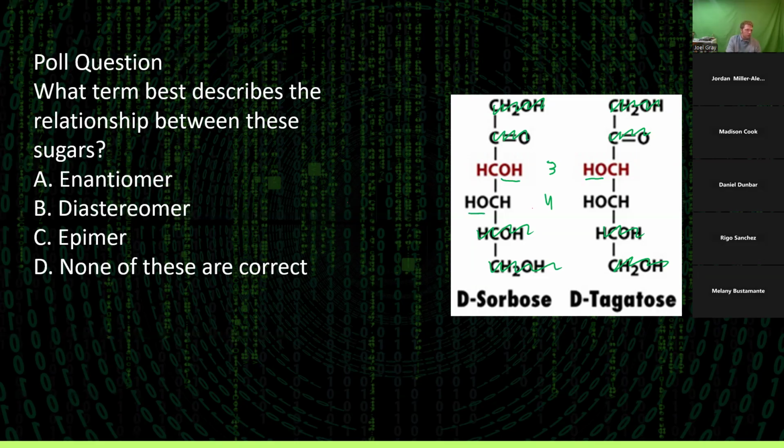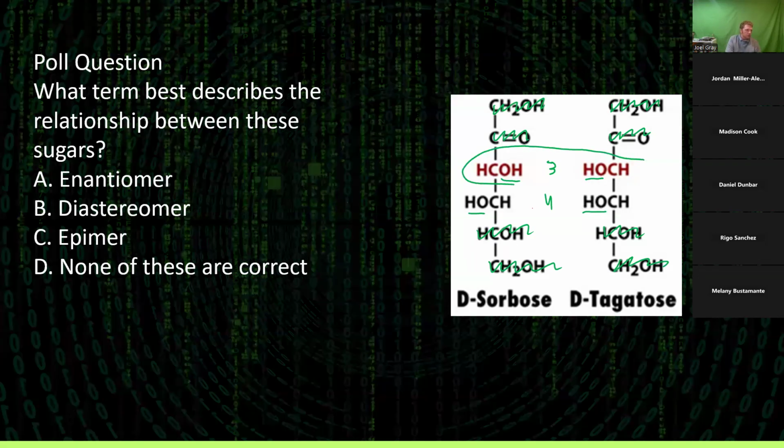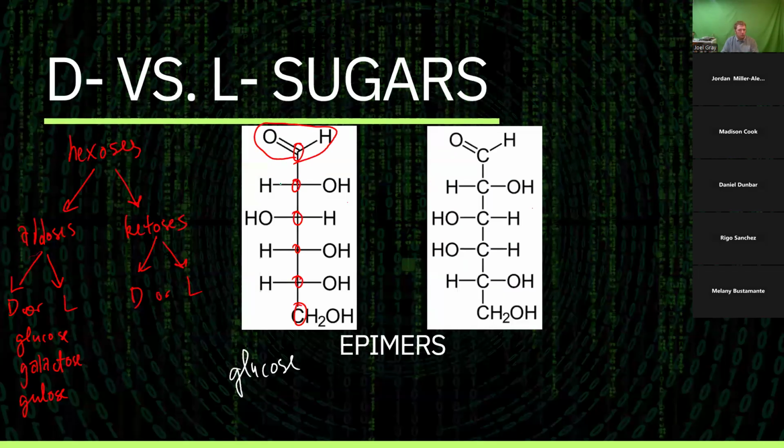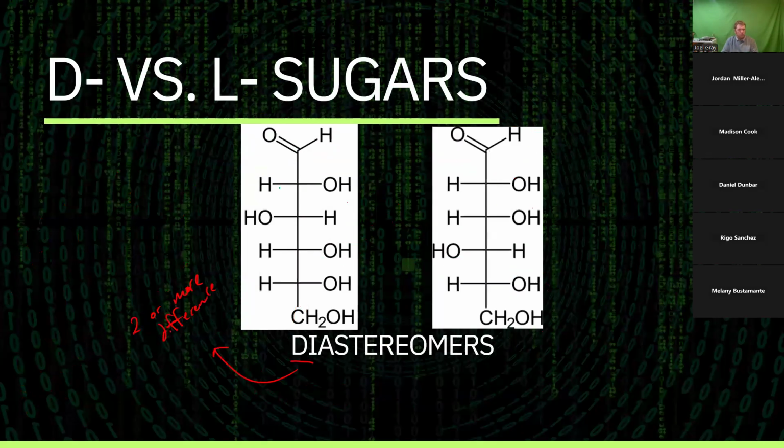Carbon number 4, it's on the left-hand side for both of them. So the only difference is carbon number 3. So the difference between an epimer and a diastereomer is how many positions are different.